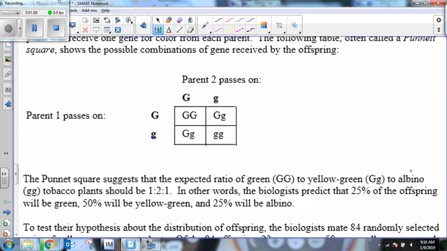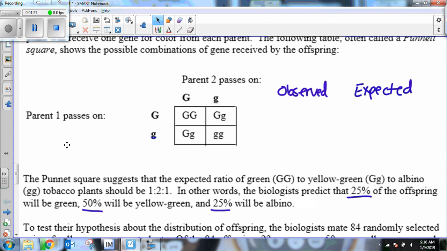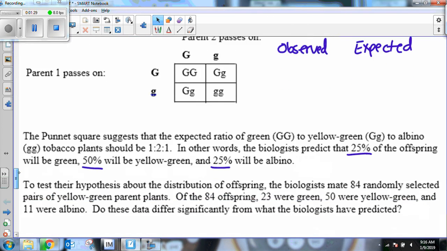So these percentages that they've given you, 25, 50, 25, that's the claim. That's what they're claiming they would expect to see. All right, so that's going to help us calculate our expected counts. Now, we obviously want to look at some observed counts. So if you look below, it tells us what we see for observed.